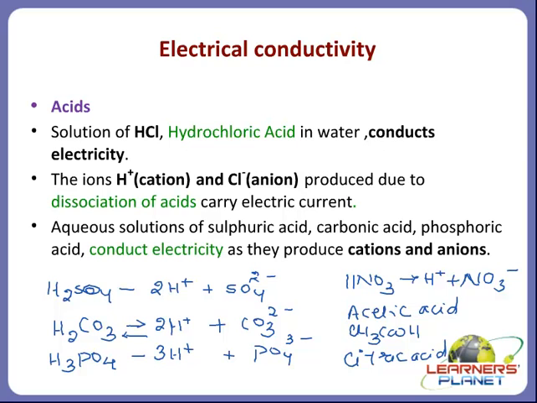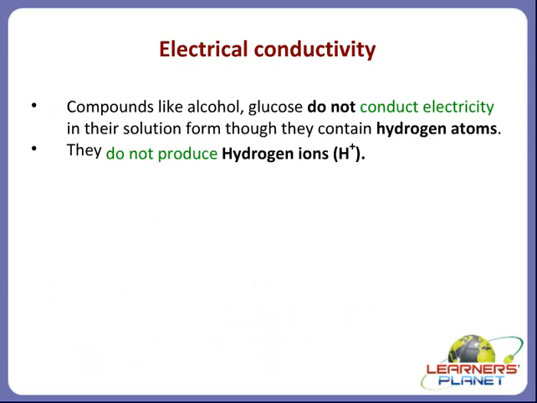Okay? Now let's take up another point: compounds like alcohol and glucose do not conduct electricity in their solution form, though they contain hydrogen atoms. I'll write the formula of glucose here. Glucose is CHO, CHOH whole 4, and CH2OH.